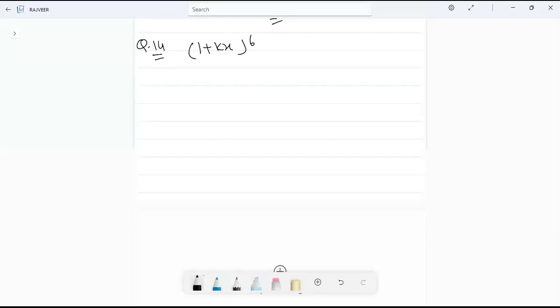Okay. So first we have to find the coefficient of x cube. So what we do, we just expand it. 1 plus 6kx plus 6c2. 6c2 will be 6 into 5 over 2, that is 15, kx whole square, plus 6c3. 6 into 5 into 4 divided by 6, so 20, kx whole cube.